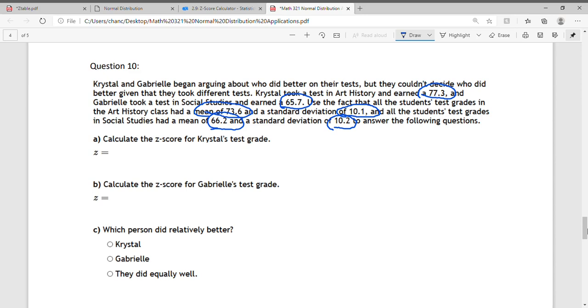We'll have to use the formula z equals x minus mu divided by sigma for both of the individuals. We know Crystal's test score was a 77.3, so that's x, 77.3 minus, and the mean for the art history class was 73.6 divided by the standard deviation of 10.1.